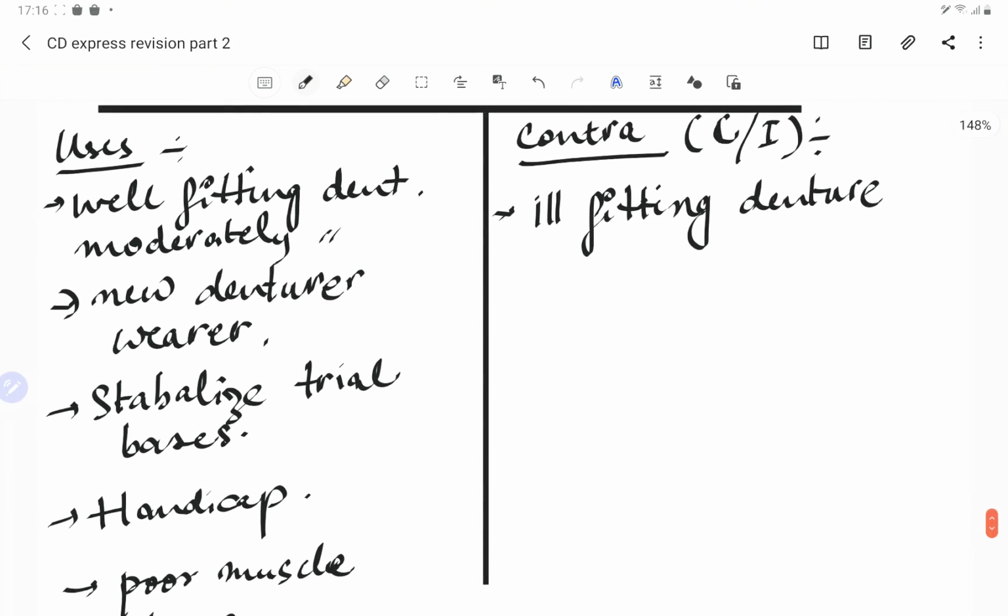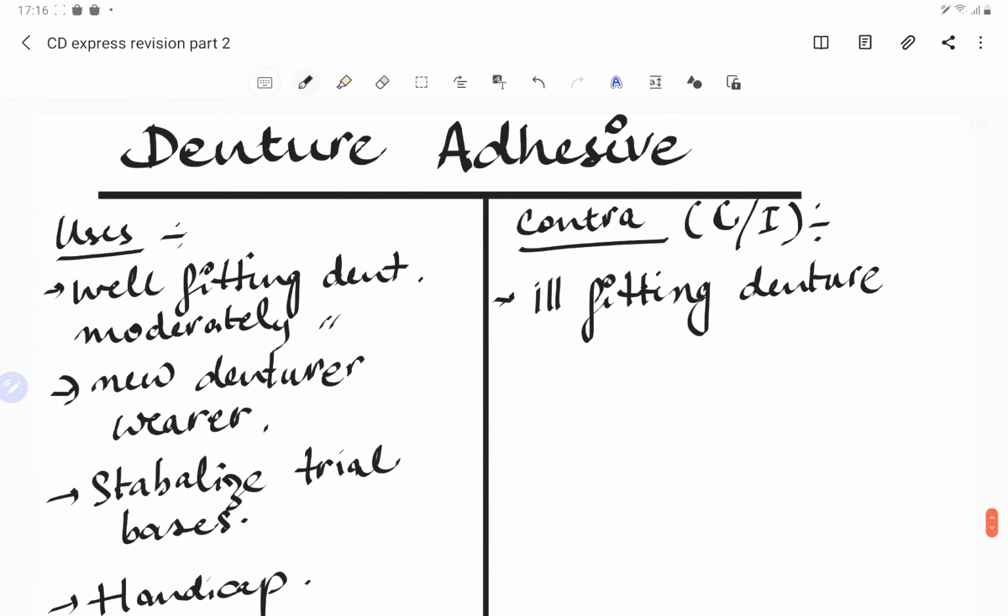So where is this denture adhesive contraindicated? We know that in a case of ill-fitting denture, we cannot give denture adhesive, because in that case we are going to do the relining, right. Also in case of worn out dentures, the reason is the same. We should not be using denture adhesive for worn out denture.